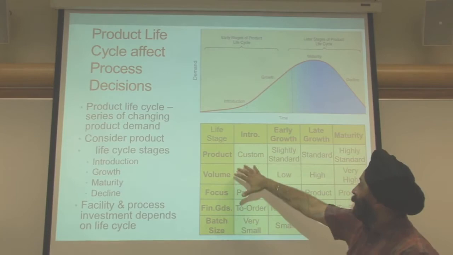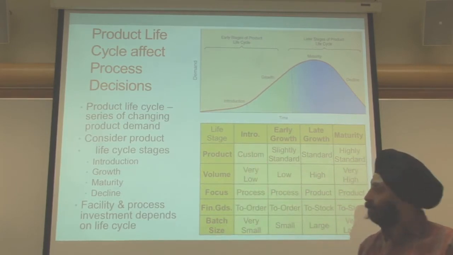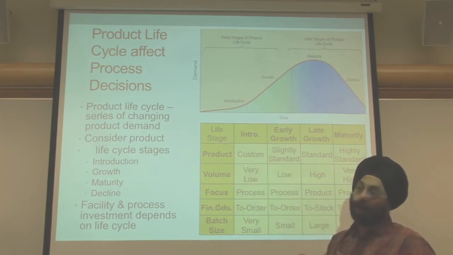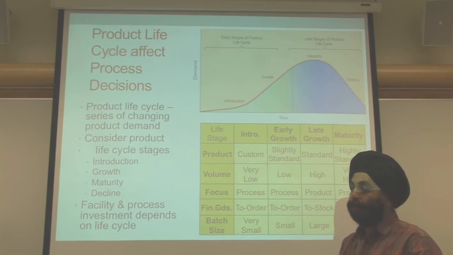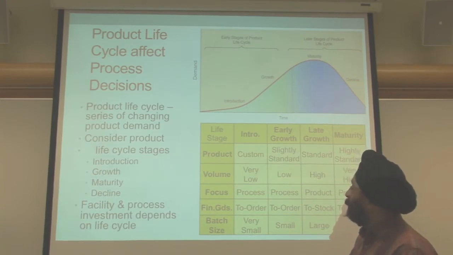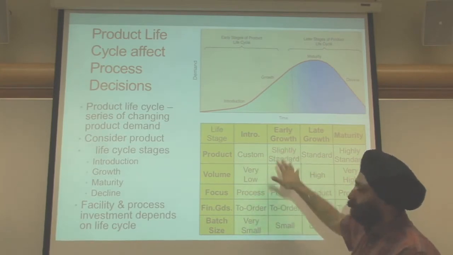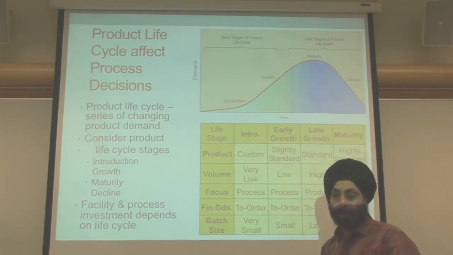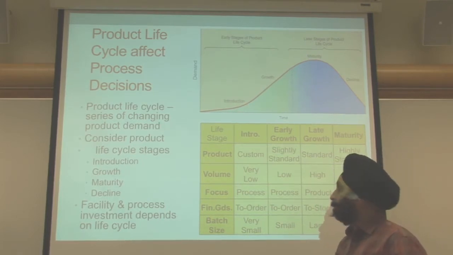So for example, in introduction, when the product is just introduced to the customer for the first time, you're making custom products. Think of making prototypes, few products going out, just to get feedback from the customers, early adopters. Whereas in early growth, you standardize certain things, but certain things you're still leaving for modification based on the feedback.